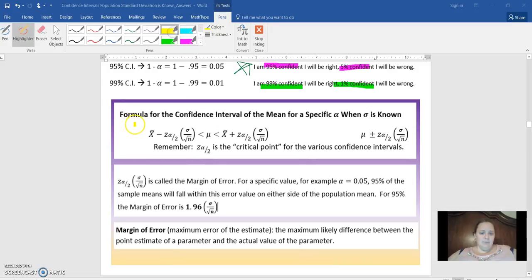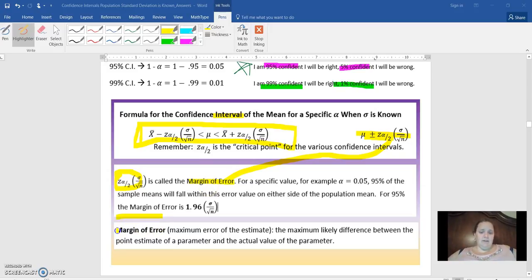All right, so this is our formula. I would write it down. You could also do it like this. This way is the margin of error way. This one right here is the interval way. I'm just reviewing. This piece is called the margin of error.